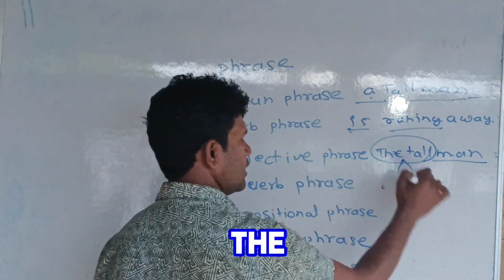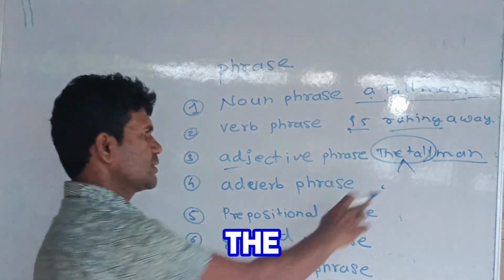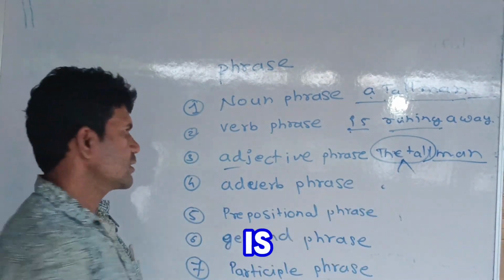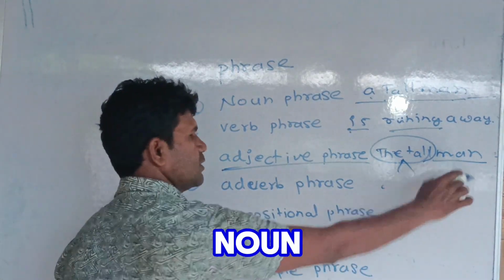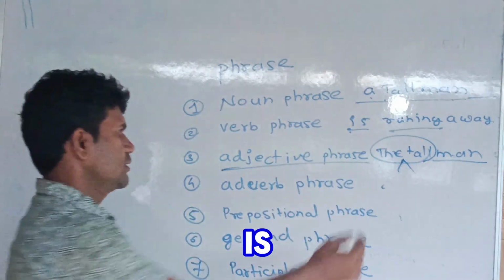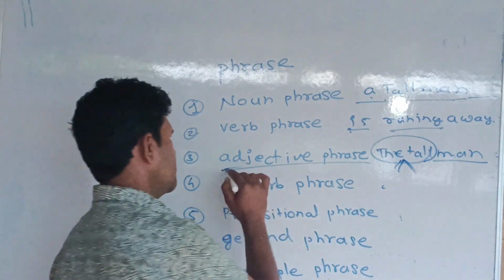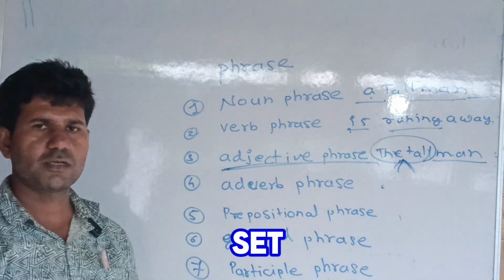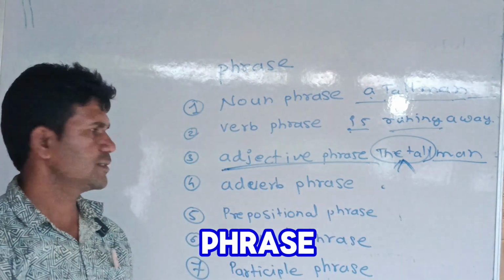When the head of the phrase is an adjective, then it is considered an adjective phrase. When the noun is not that important, it is the adjective phrase which is important. This whole set of words that describe a noun is called an adjective phrase.